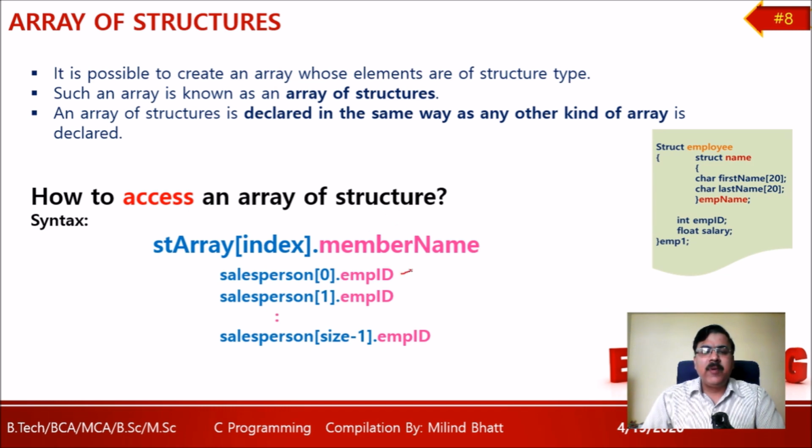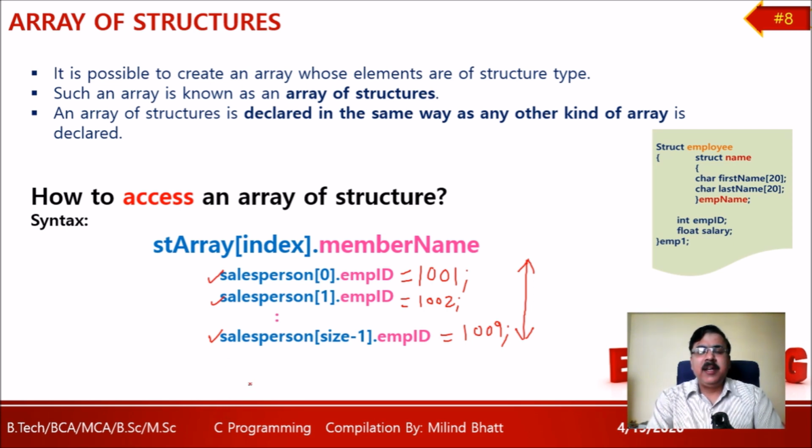Say I give employee ID this as 1001, this as 1002, and similarly 1009. So I can access all such indexed members which are represented by my array of structure.